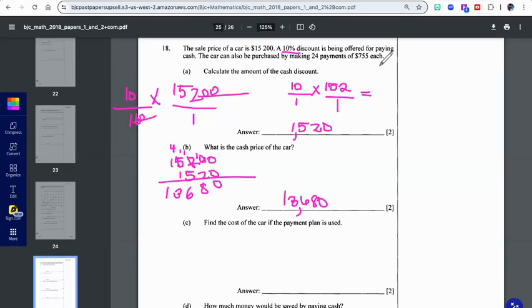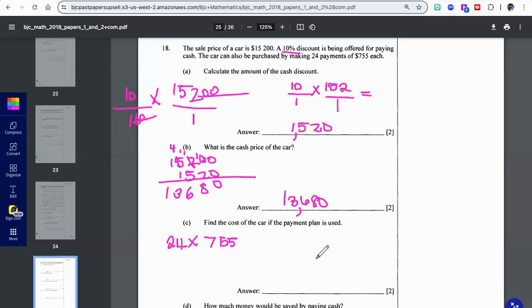What do we do? We find our total monthly payments, which would be the 24, and I see the answers coming in good. 24 by 755, and this would be our hire purchase. So this would be 24 by 755.